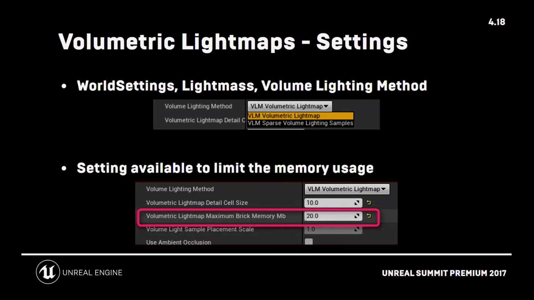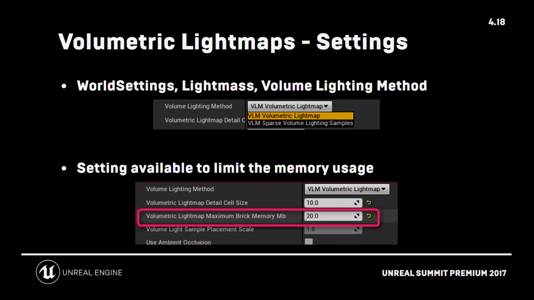And we also have a setting to limit the amount of memory that is being used for the volumetric light maps. This controls how dense the samples end up being created.